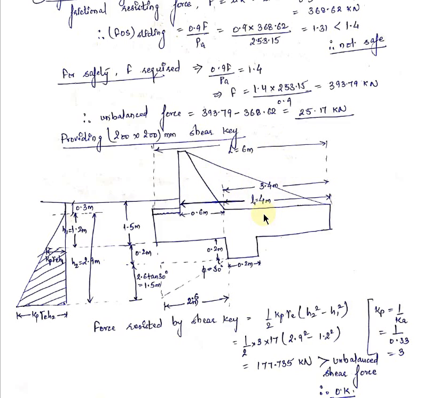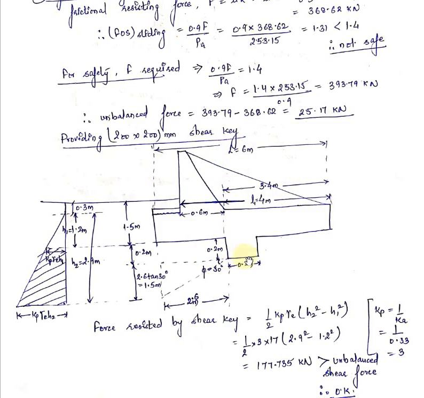You have to keep this point in mind, that whenever the retaining wall moves away from the soil, it is your active earth pressure. And whenever the retaining wall moves towards the soil, it is your passive earth pressure. So if we consider this part of the soil, this soil will try to push the retaining wall away from it. So here the soil will exert active earth pressure.